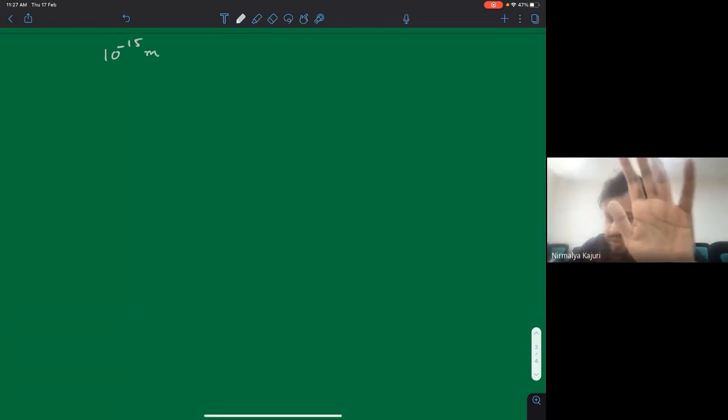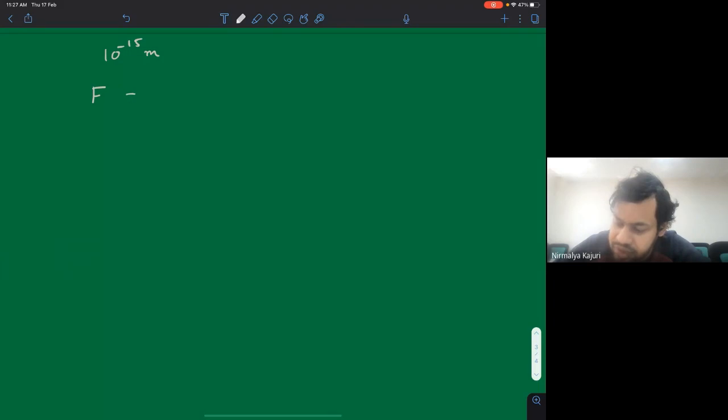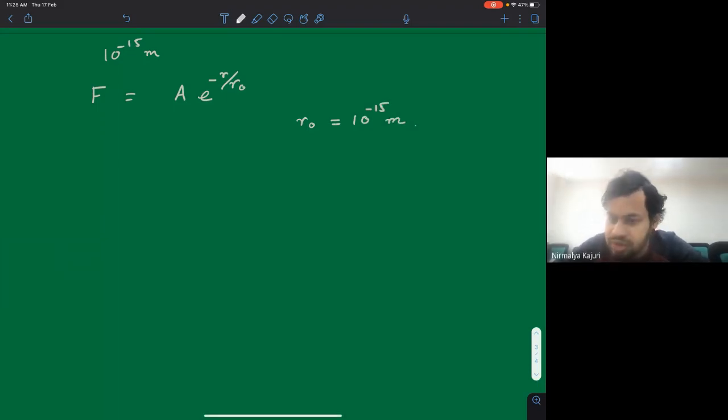So we can model the strong nuclear force as having this kind of dependence on distance, where r naught is the range, 10 to the minus 15 meters. This is not exact.